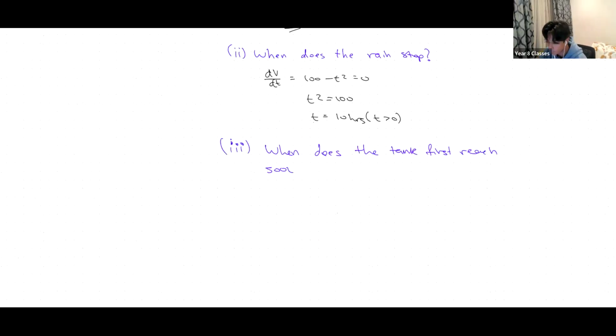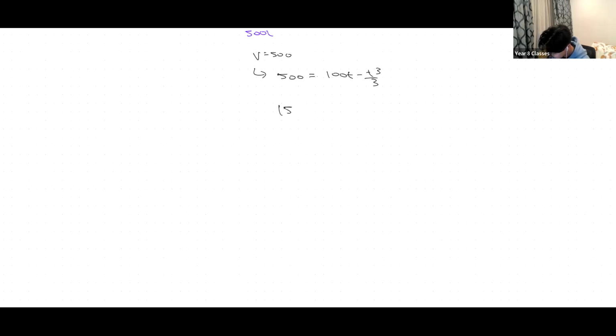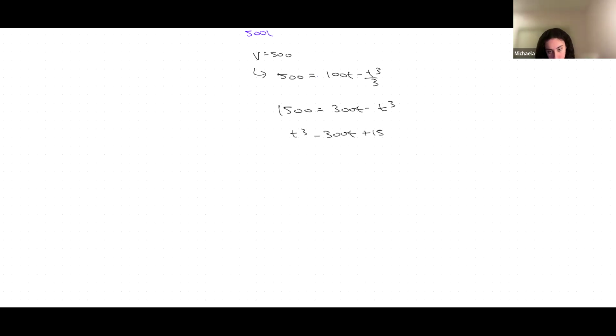So I'd probably do 500 equals 100t minus t cubed on 3. And then just solve for t. Bring that all to one side. So t cubed minus 300t plus 1500 equals 0.